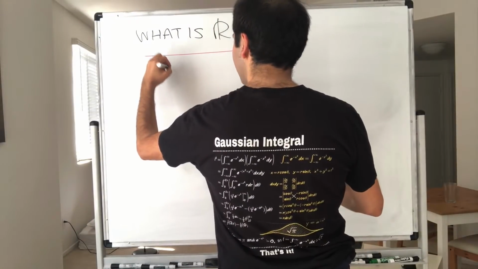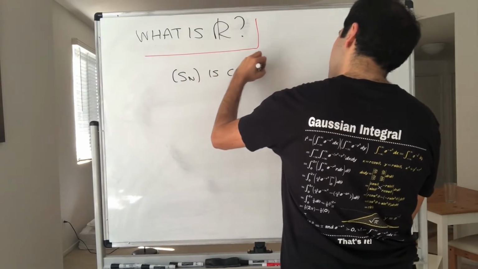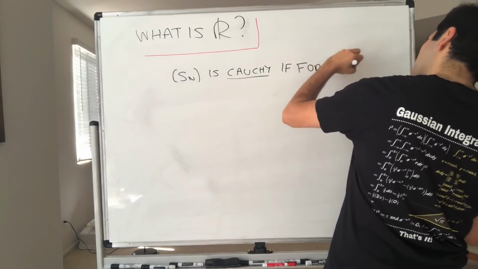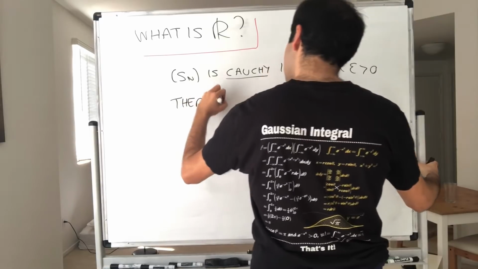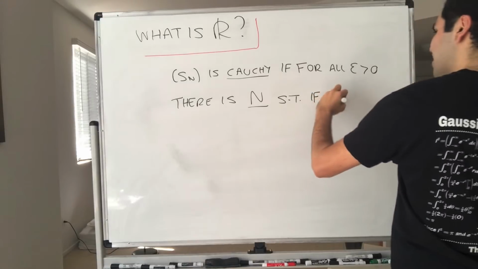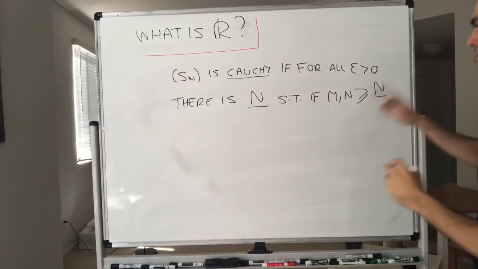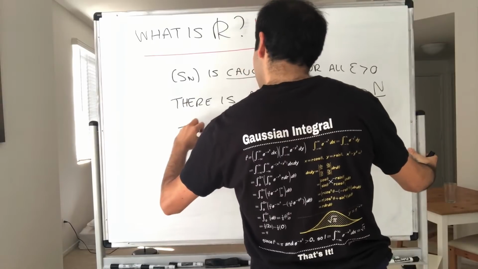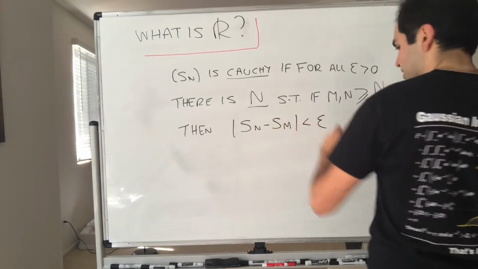Reminder: S_n is Cauchy if, for all epsilon, there is some threshold capital N, such that if m and n are after that threshold, so usually greater than capital N, but just to make things easier, let's say greater or equal, then |S_n - S_m| is less than epsilon.